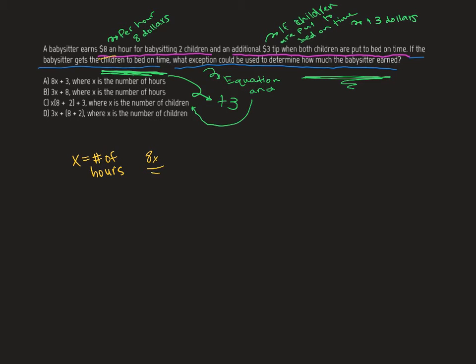So 8X. And now we've got the next one, where it's an additional $3 tip if the children are put to bed on time. In our question, it's saying if the babysitter gets the children to bed on time. So in this scenario, the babysitter did put the children to bed on time, so it's going to be a plus 3.